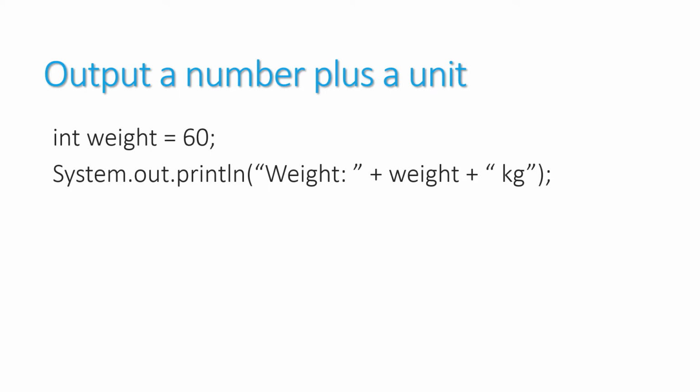To output a number plus a unit, you would go System.out.println, "Weight: ", close your quote, plus, weight, plus, and then " kgs". So you can have two strings. You can have lots of strings, lots of numbers, as long as in your brackets you keep joining them with a plus sign.